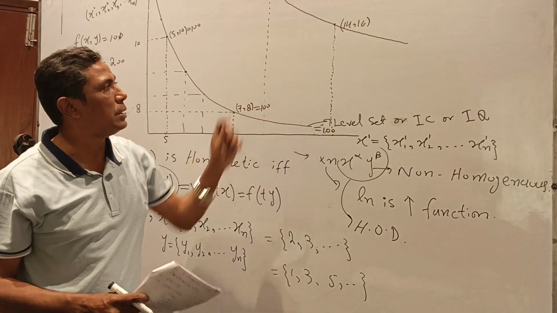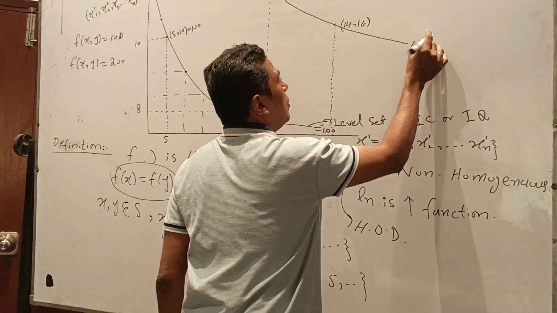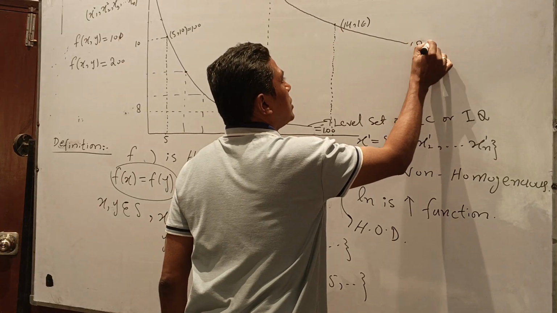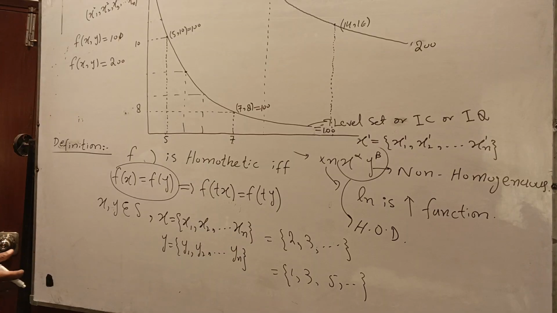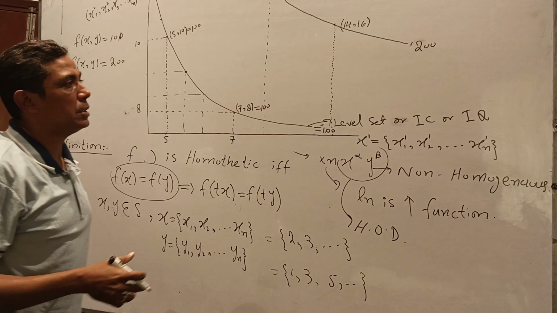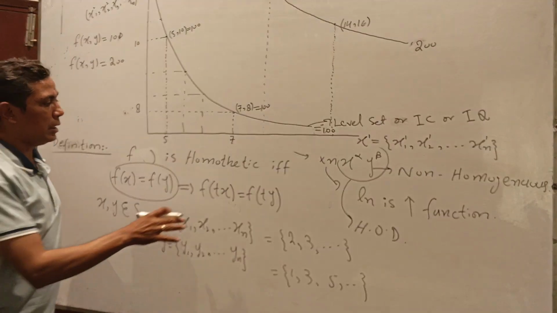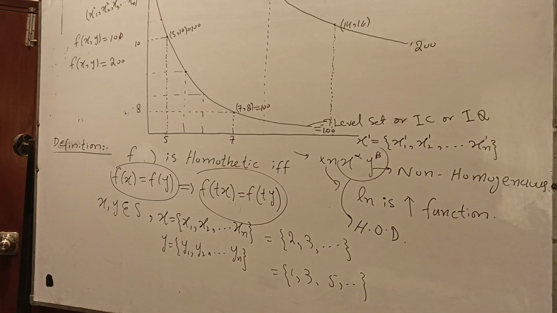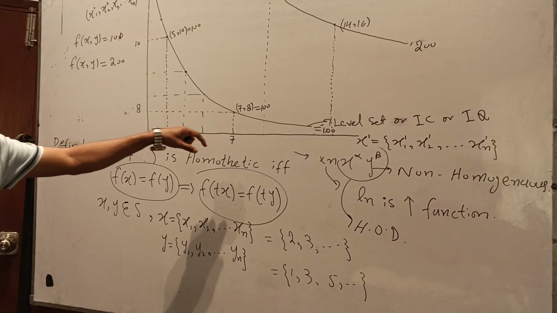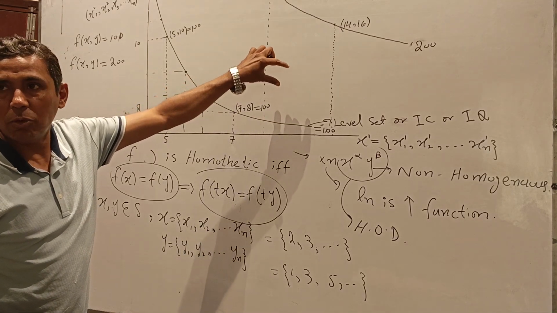The level of utility is equal to 200 even after changing the scale. So the function is homothetic. Clear? So that condition is satisfied. You got my point? That is the technical difference between homogeneous and homothetic.